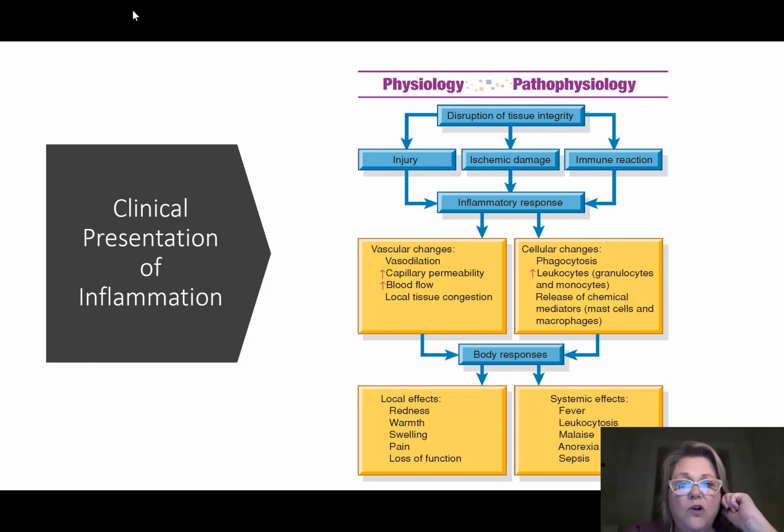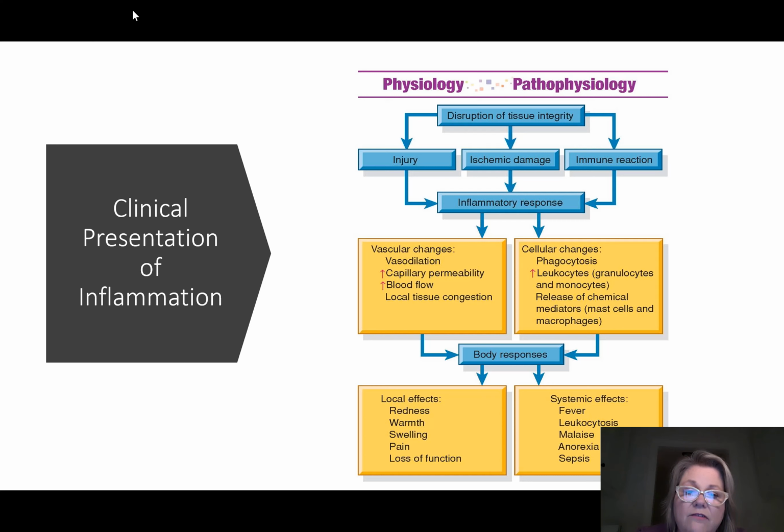So this was a great way to bring all of this together, and it's real simple, so I would pay attention to this. It's disruption of tissue integrity, which can be by injury, ischemic damage, or immune reaction, and then you have your inflammatory response. And then it breaks it down on your vascular side. Vascular changes can be vasodilatation, increased capillary permeability, increased blood flow, local tissue congestion.